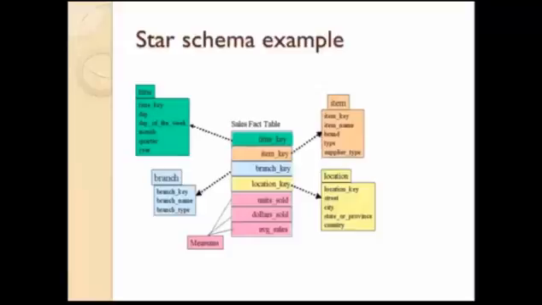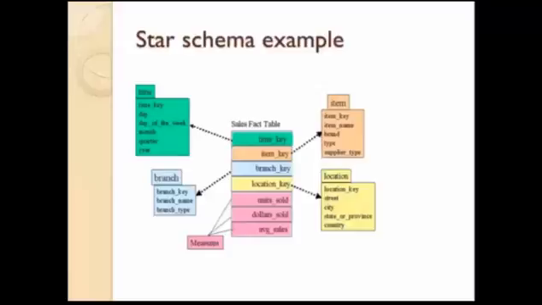Okay, so if there is a 1-to-many relationship, we generally speaking put the primary key from the one side, in this case the time key, into the many side, which is the sales fact table. So that's why you see the time key repeated in the sales fact table.